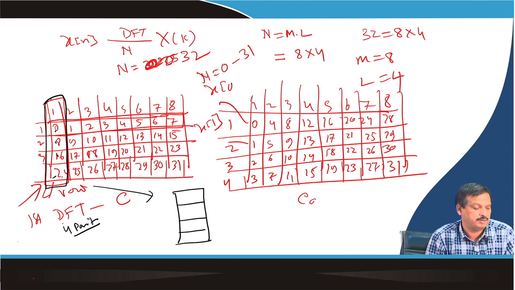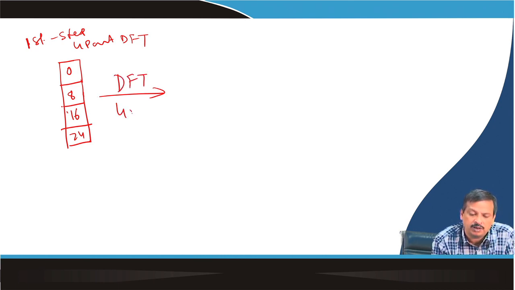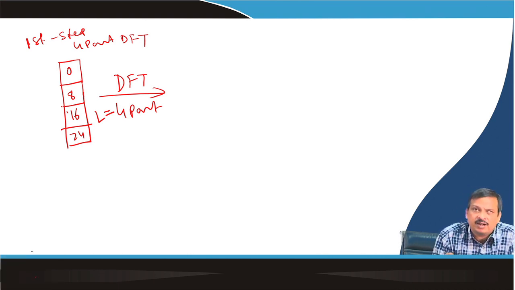I take this data and compute the discrete Fourier transform of 4 points, that means L is equal to 4. Now what will I get? I will get the transformed data, which is also stored in a column.